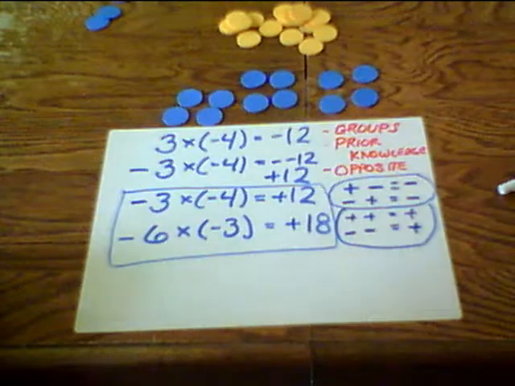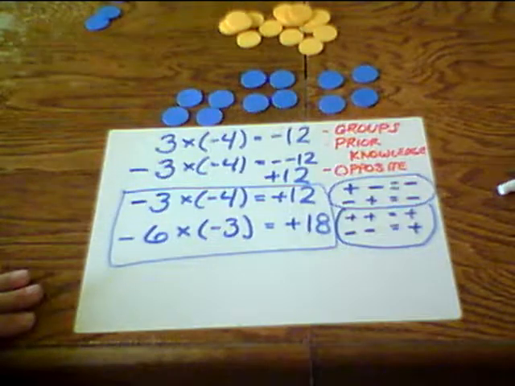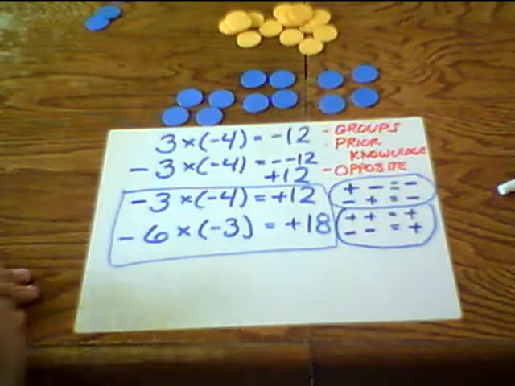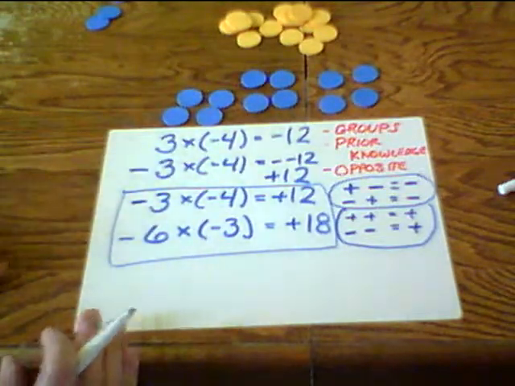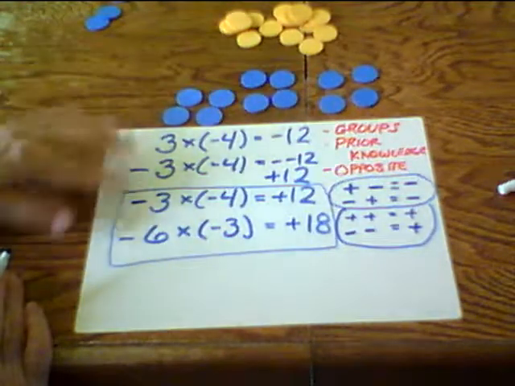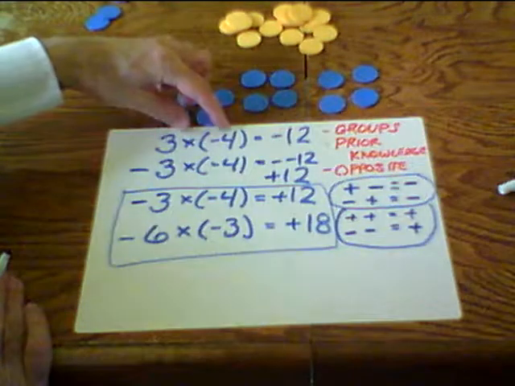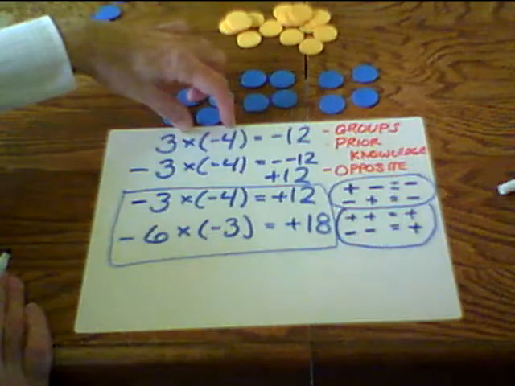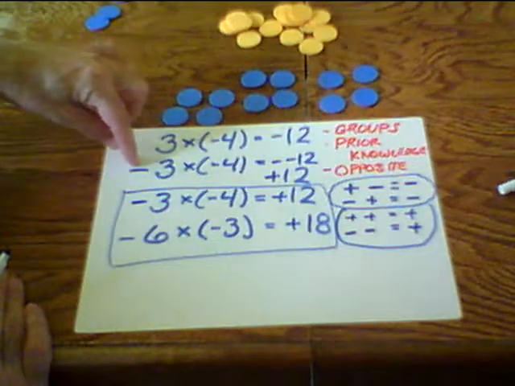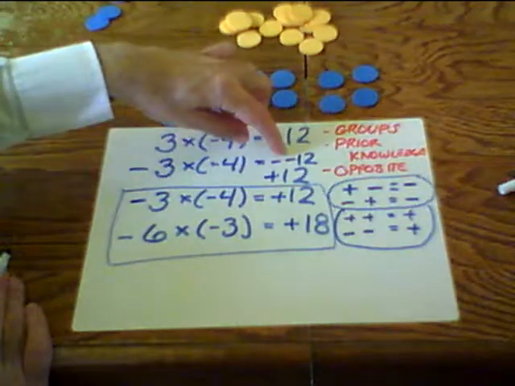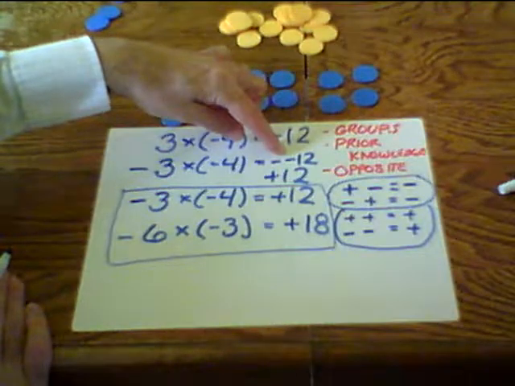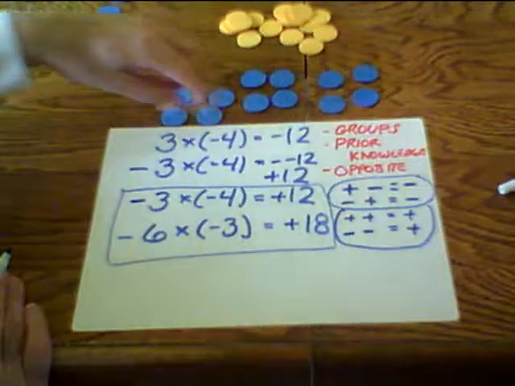We're also beginning to reason abstractly here, in that, in some of these last problems that we were doing, we really weren't using any concrete or even any drawings. We were just looking at what we know about this abstractly, what we know about the opposite, so the opposite of this, what it should be, all this being done abstractly. So now we're getting to a little bit more sophisticated ways of thinking.